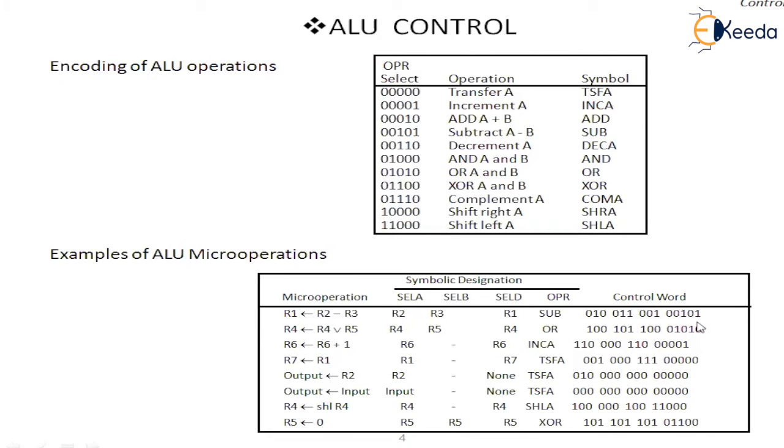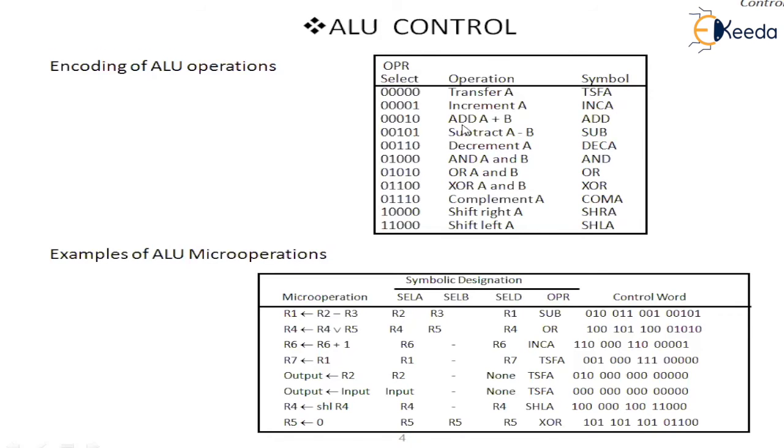Okay, now this is the operation. Which operation are we performing? We are performing addition. The operation inputs for addition must be equal to 00010. Here in this case, this is performing R2 minus R3, so it shows 00101, because 00101 is subtraction.